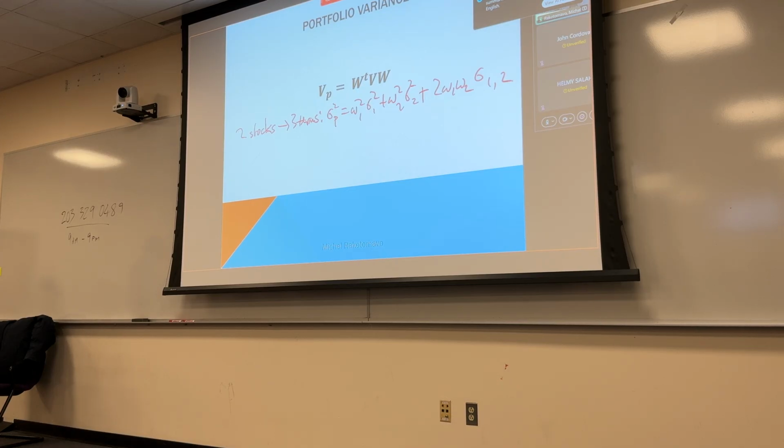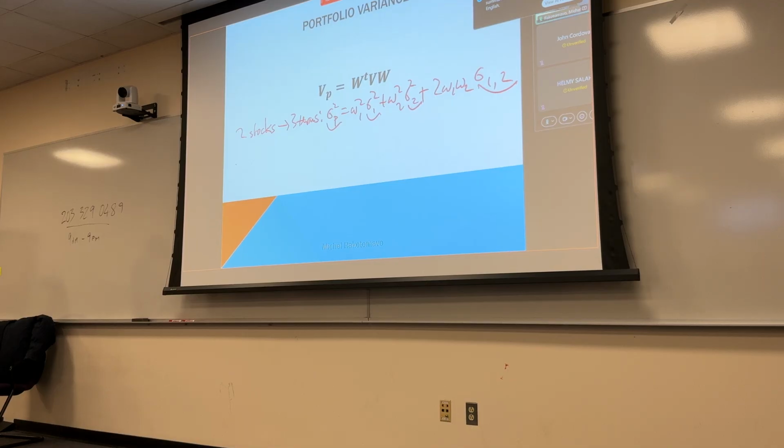And so the whole point is that whenever you compute the variance of the portfolio and you have to write it down without using matrices, you basically have to write as many terms as there are unique terms in the covariance matrix.